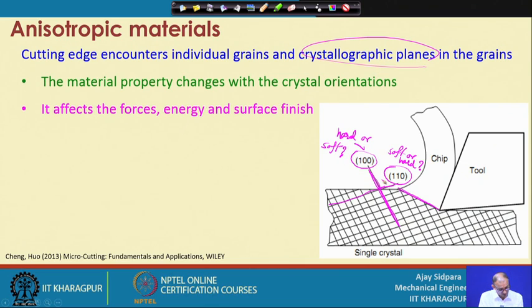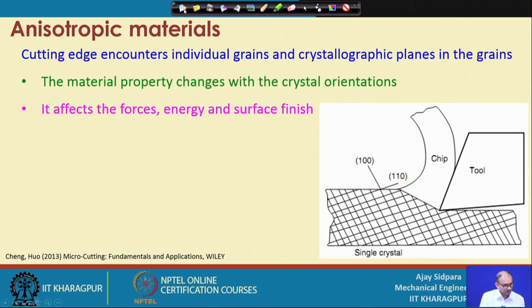If you consider this is the cutting direction and suppose this face is soft, that means this is the soft material, right. Let us write this one is soft and this one is hard. So, the material is weak in this direction, correct, and it is very hard, or very strong, in this direction.